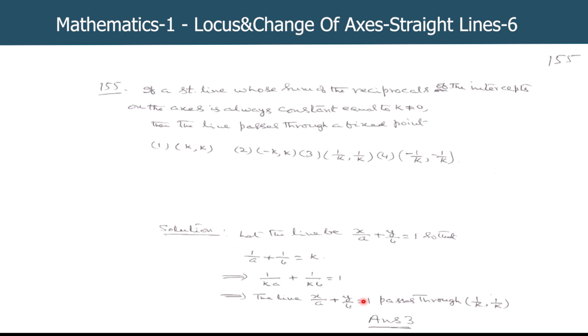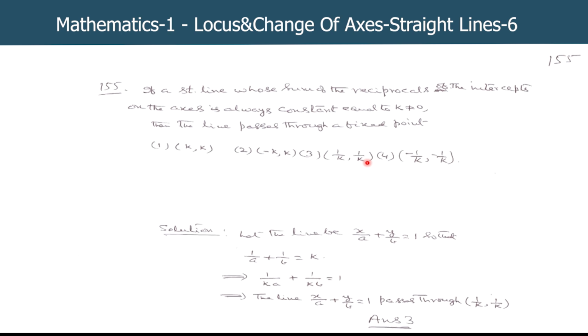Next, 155. If a straight line whose sum of the reciprocals of the intercepts on the axes is always constant, equal to k not equal to 0, then the line passes through a fixed point: k comma k, minus k comma k, 1 by k comma 1 by k, and minus 1 by k comma minus 1 by k. See, suppose the line is x by a plus y by b is equal to 1.